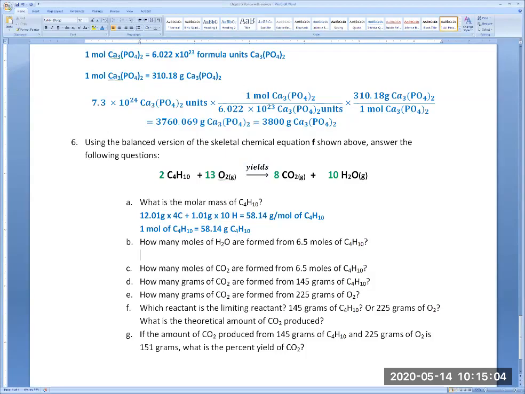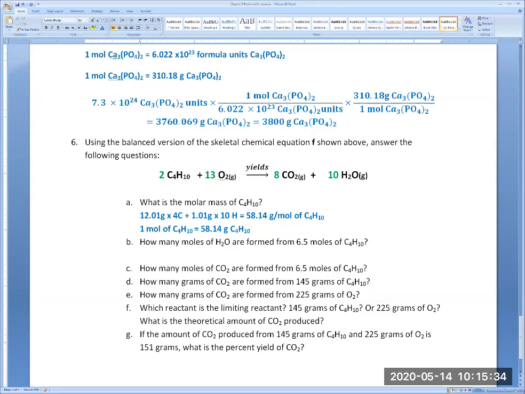There's no grams in there. It's 2 moles of C4H10 will react with 13 moles of O2, oxygen gas, to make 8 moles of CO2 plus 10 moles of H2O, right? That's how you want to read it. Or you can change moles to molecules. But typically we talk in moles because we need so many molecules to have a sample that is visible.